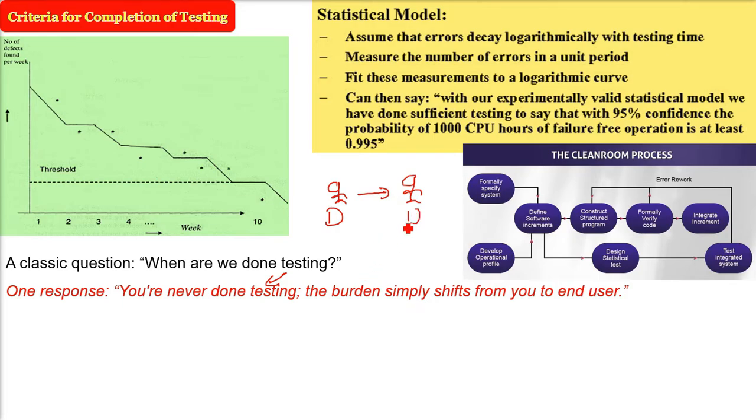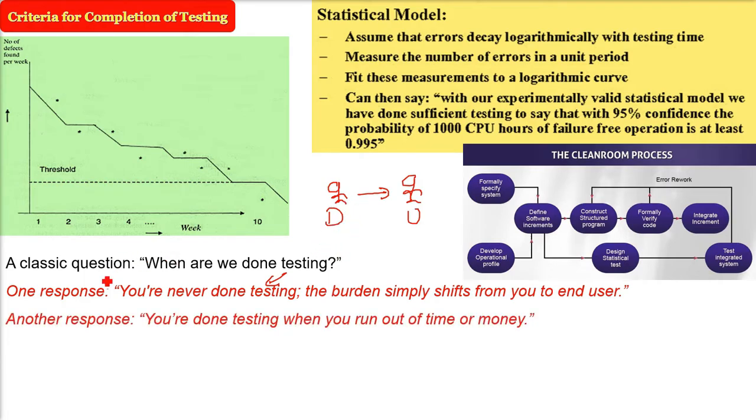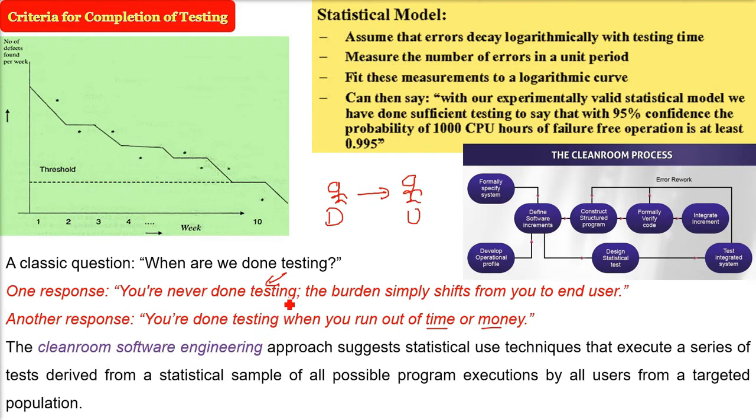Testing is never ending. It goes round and round because people's needs change. People want to change your software. Another response is, if you have time and money, do it. When you are scarce of it, don't do it. There are certain approaches, like clean room software engineering.